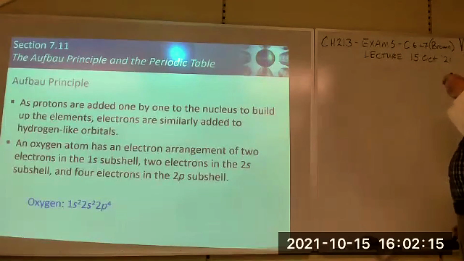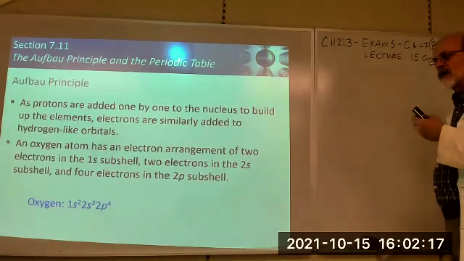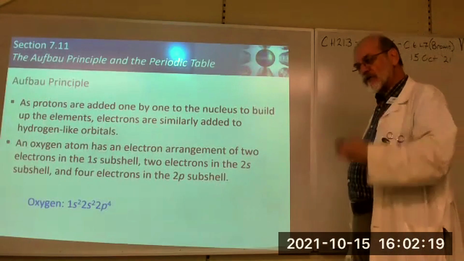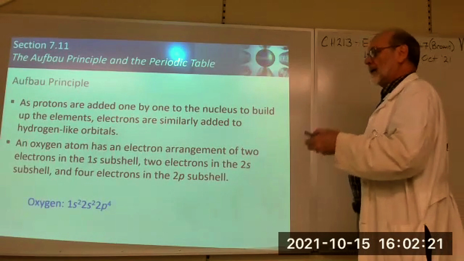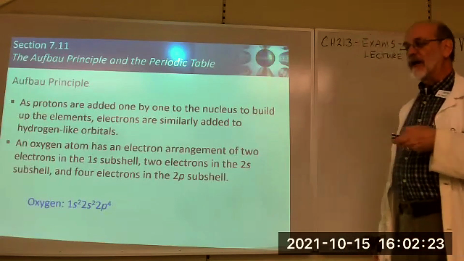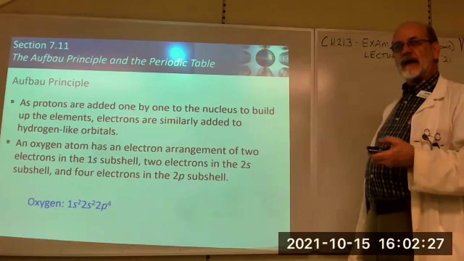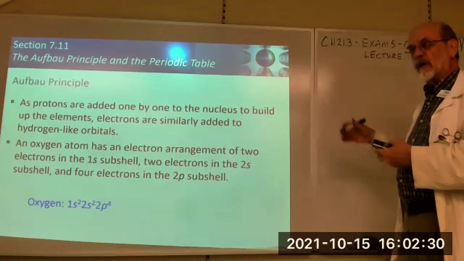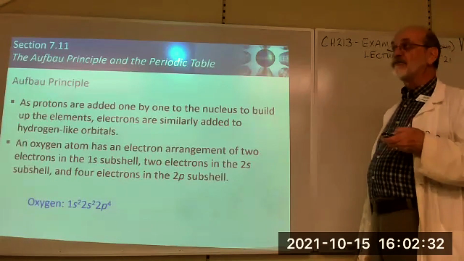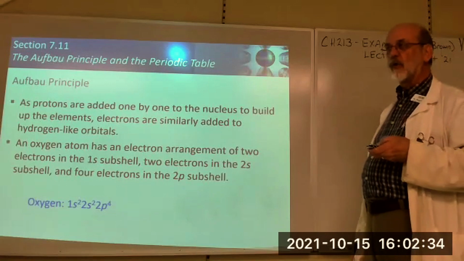So now that we have this quantum approach to the description of an atom, we can calculate what that next energy level will be. And most of them are fairly orderly. As you follow along in the periodic table, they're orderly.